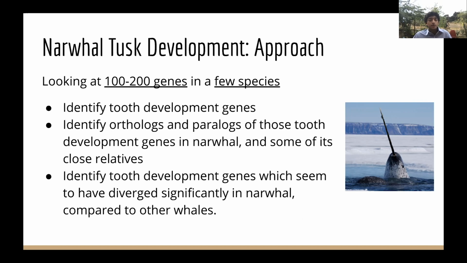We're looking at one organism where a gene duplicated itself, and then those 2 genes start to diverge due to natural selective pressure, and they start to have different functions. We want to find these tooth development genes in some of the narwhal's close relatives. And then after that, we want to see which tooth development genes have really diverged in the narwhal compared to the other whales, which will again tell us the genes that are really responsible for this narwhal tusk.